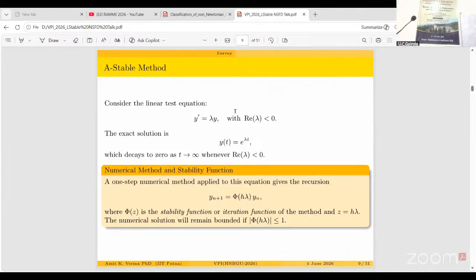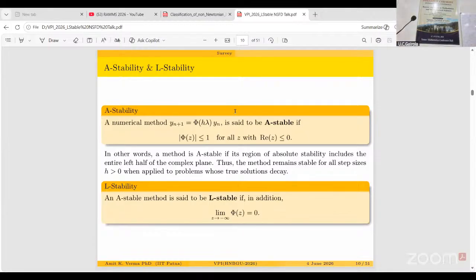A numerical method is said to be A-stable if you can express the method like this, and the modulus of phi(z) is less than or equal to 1 for all z with real part of z less than or equal to 0. That means for all complex numbers in the left half plane, the modulus of phi(z) should be less than or equal to 1.